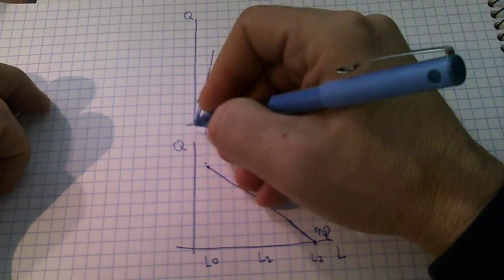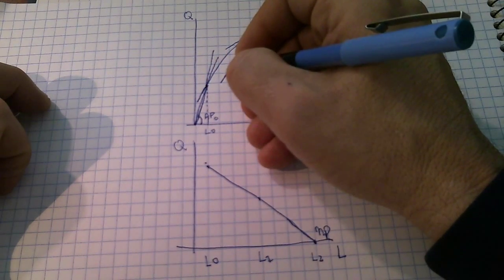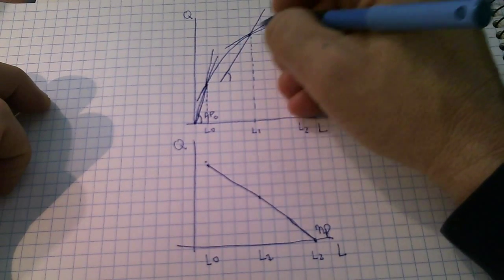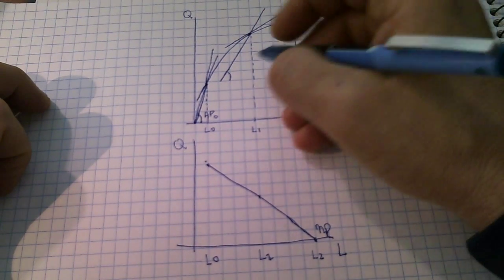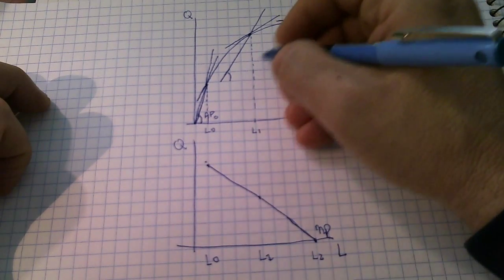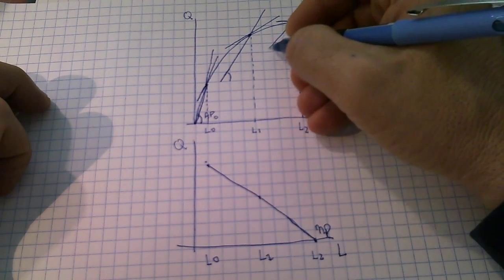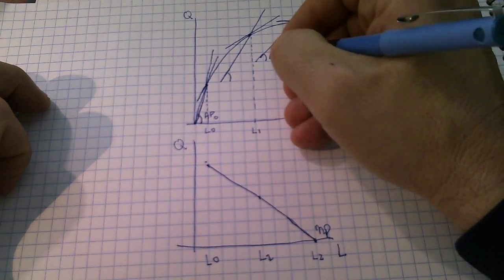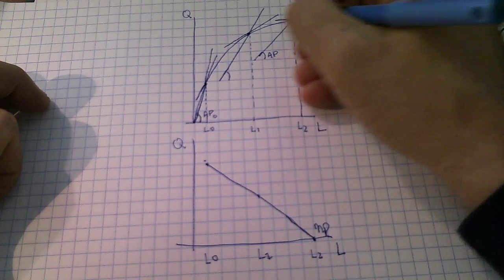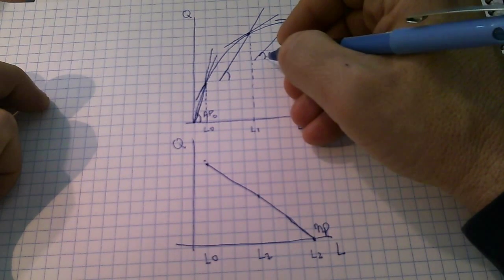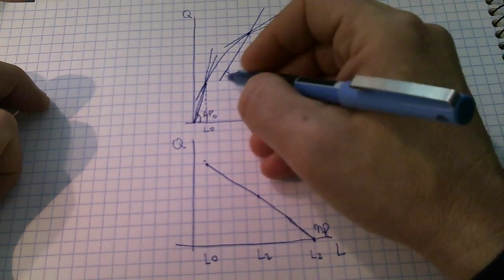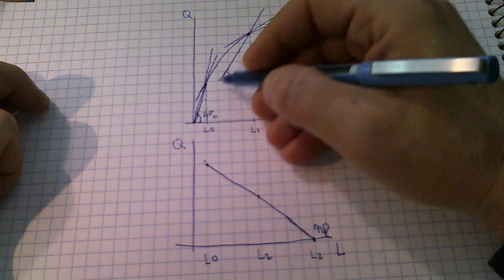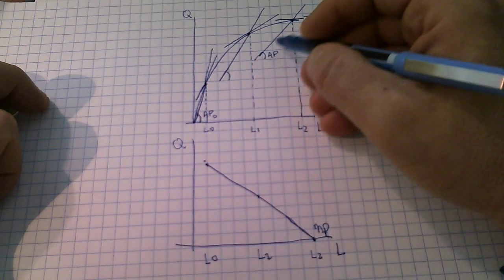And I don't have to do it all the way, but you can see that the average productivity here has fallen, and it's steeper than the marginal product, so it's much higher than the marginal product. And also you can see it here. There's average productivity. The average productivity is way above marginal productivity. Marginal productivity is 0, average productivity is positive. But you can see that it also declines because this slope is steeper than this slope here.